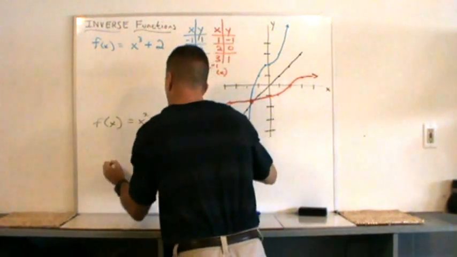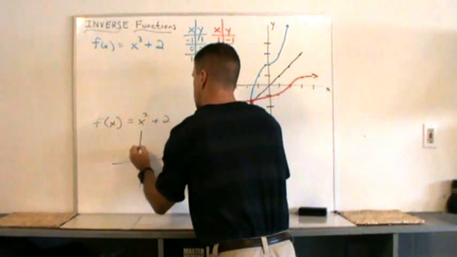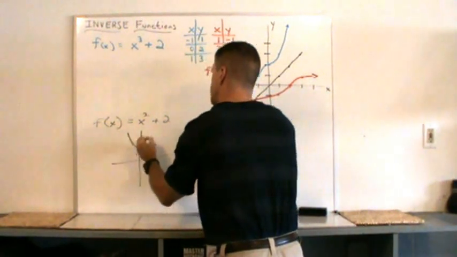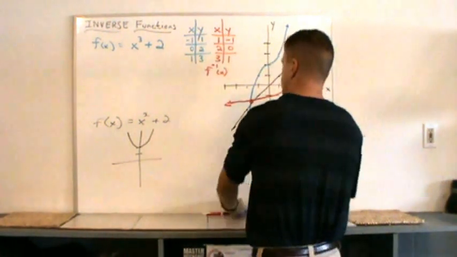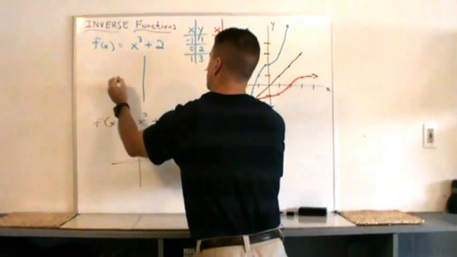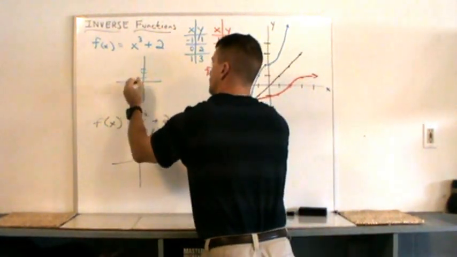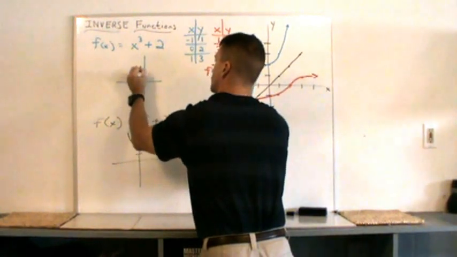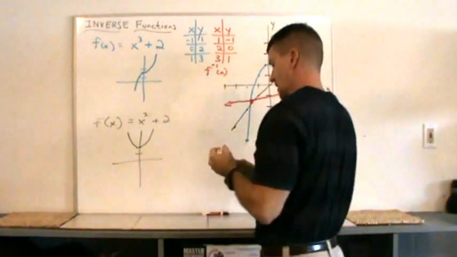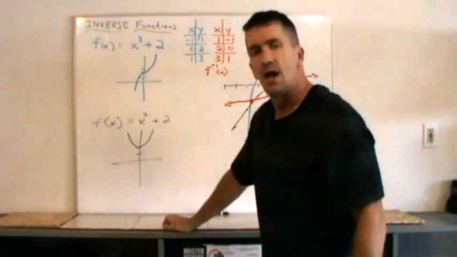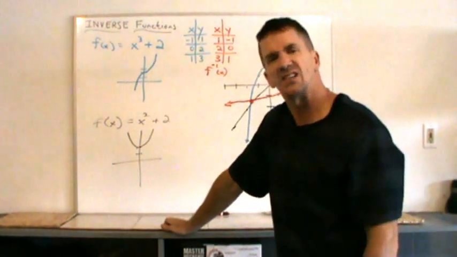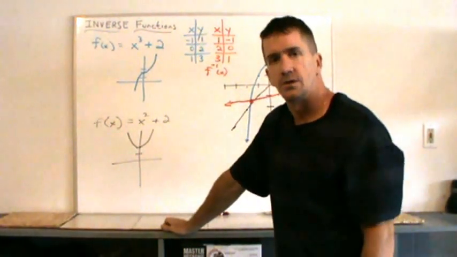Now that's a quadratic function, right? A parabola, which looks like that. We all know this x cubed plus 2, which is drawn right here. Looks like that.